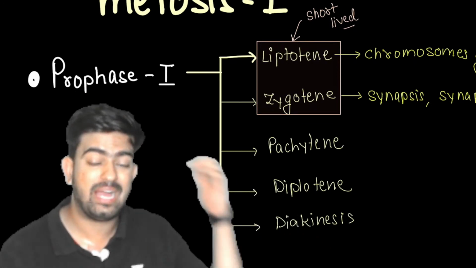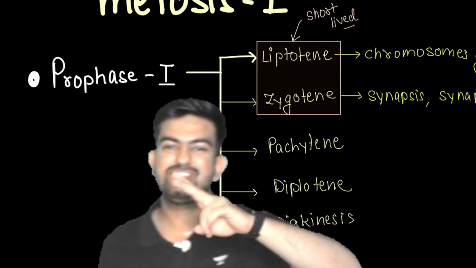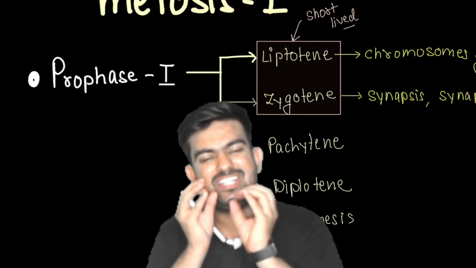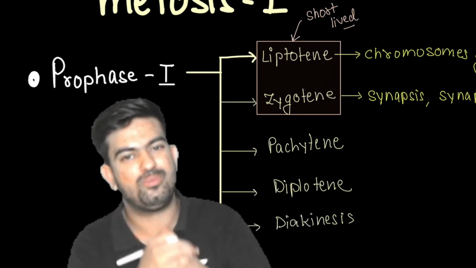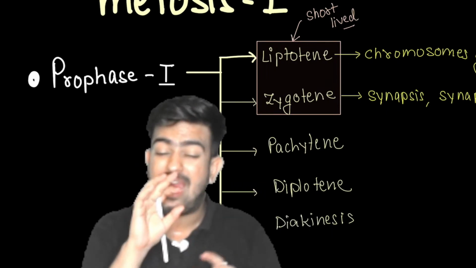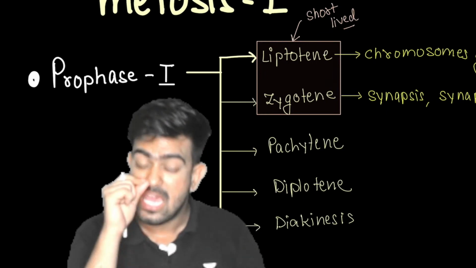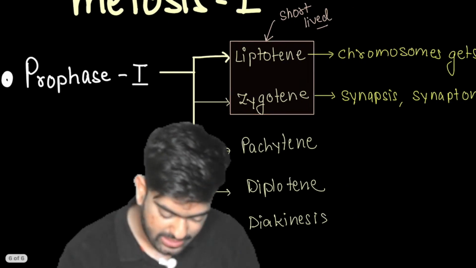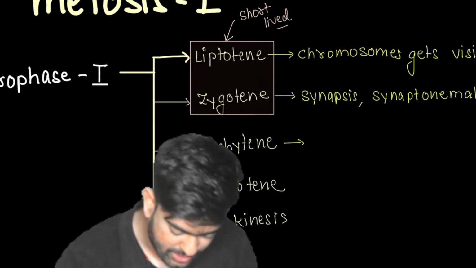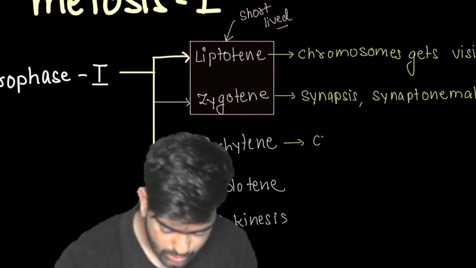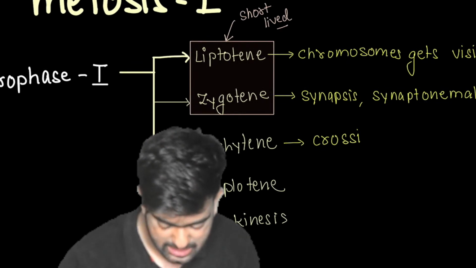Why is meiosis happening? To exchange the genes of some of the chromosomes, right? And that is basically crossing over. So mainly in pachytene, crossing over takes place.